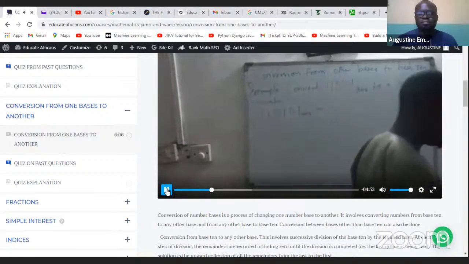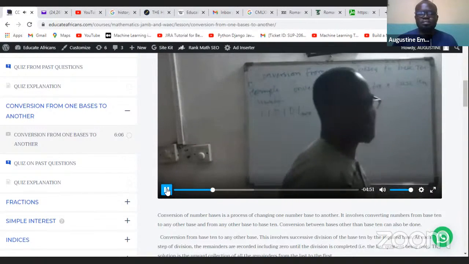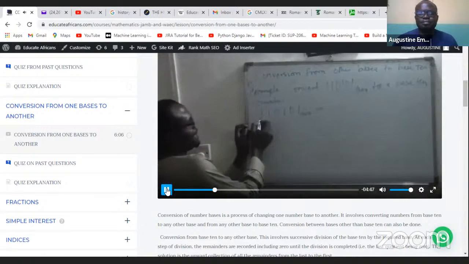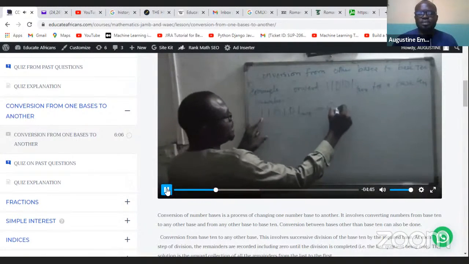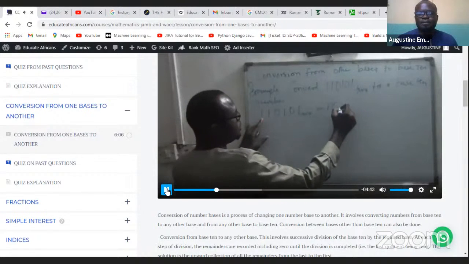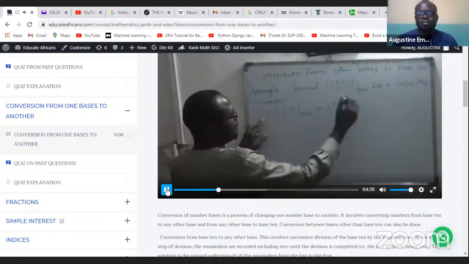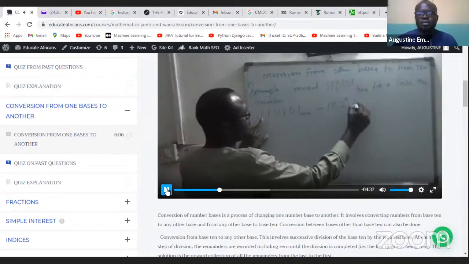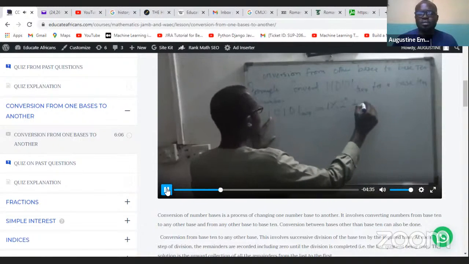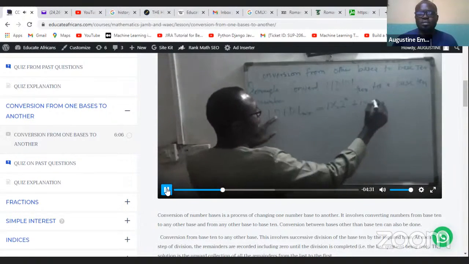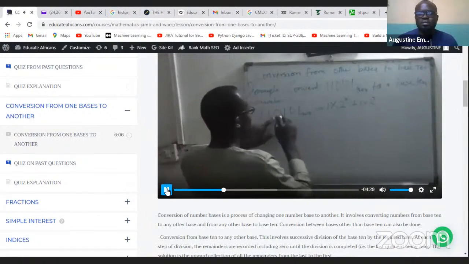Power expansion. How do we do it? We take the first number, which is 1, multiply by the base, which is 2, all to the power of the remaining numbers, 1, 2, 3, 4, 5, all to the power 5. Plus, we take the second number, which is 1, times the base 2, all to the power 4.